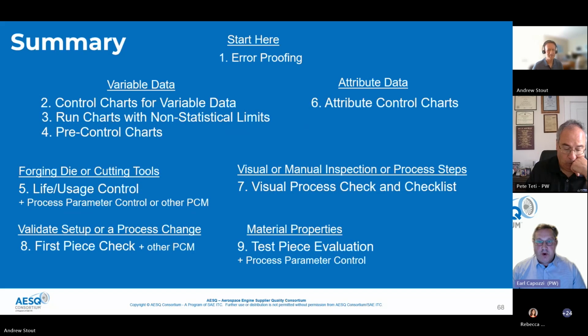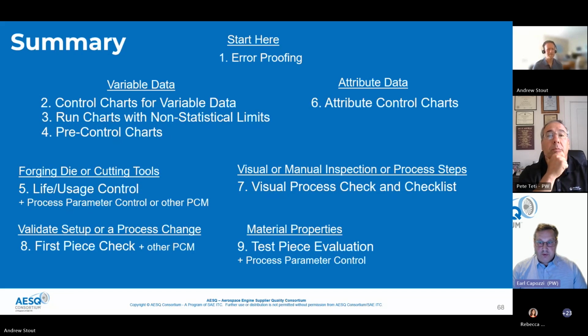We started with number 1, error proofing. And then we went to variable data, right? Control charts for variable data, run charts, non-statistical limits, pre-charts. And then we rolled into forging and die and cutting, so life and usage controls. And there are other process control methods that can be covered there.